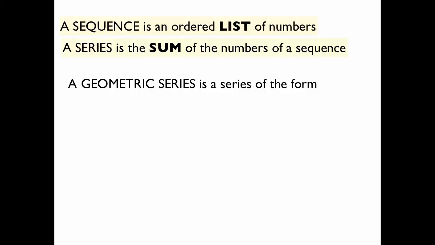Okay, a geometric series. A geometric series is a special series of this form. A is a constant, some number, and r is also some constant number. A r to the n minus 1. So I want you to write, when you see that, what do you think? What does it mean? See that, think what?